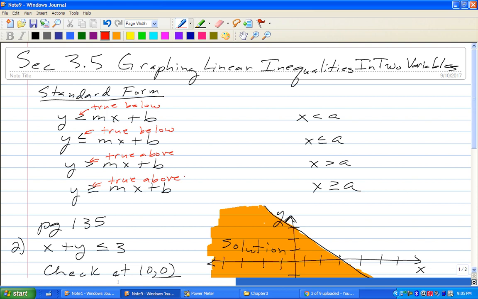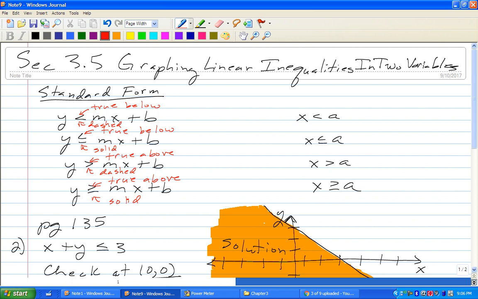The boundary line: if I do not have an equal sign, then the boundary line is dashed. If I have an equal sign, then the boundary line is solid. Do not have an equal sign, so the boundary line is dashed. Have equal sign, so the boundary line is solid.